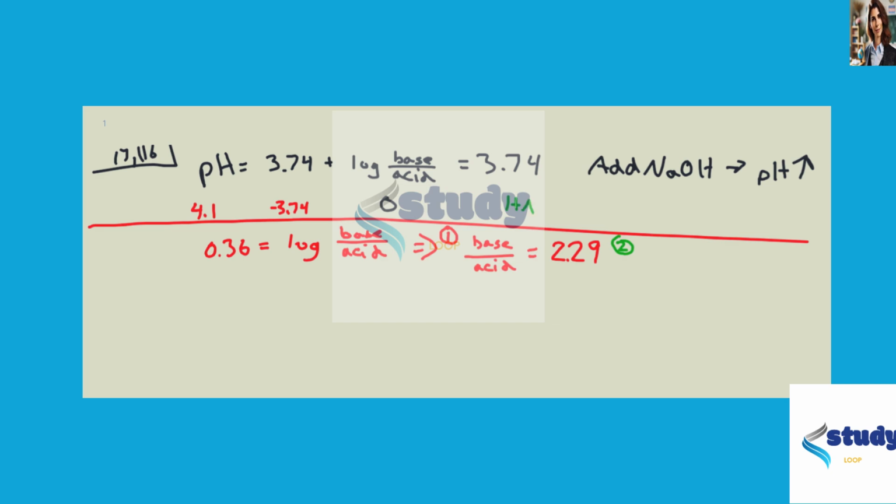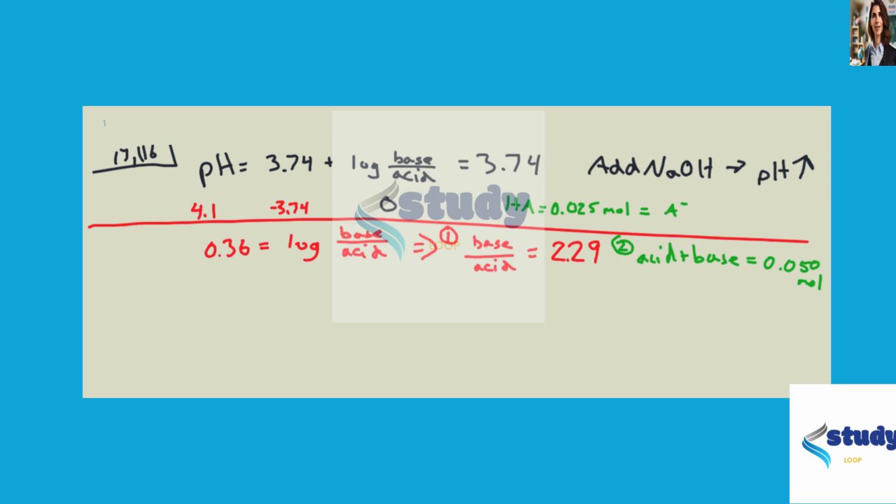So HA is 0.025 moles, and that's also equal to A minus. So the total number of moles, acid plus base, has to be equal to 0.05, no matter what. Since we have these two equations and two variables, we can solve both equations.